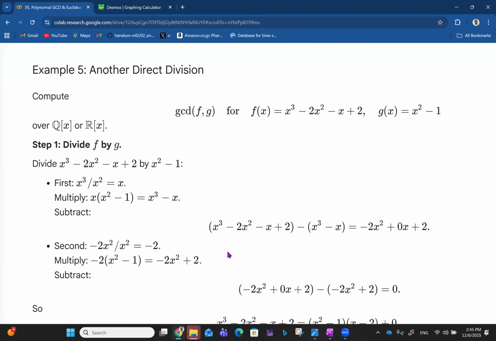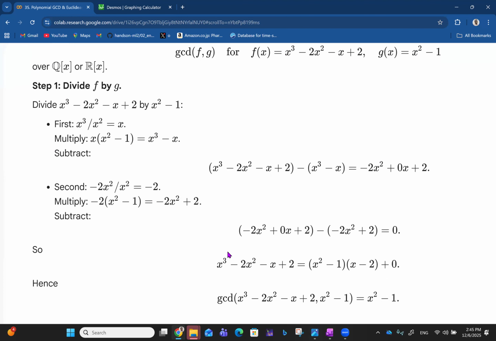If you divide all that, you end up getting that the GCD is also x squared minus 1. Just like I said, I always like to do the division using a setup that you can easily follow. So you have x cubed minus 2x squared minus x plus 2, and then x squared minus 1 again.